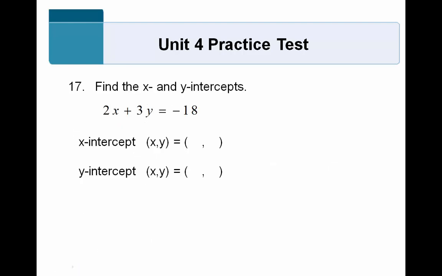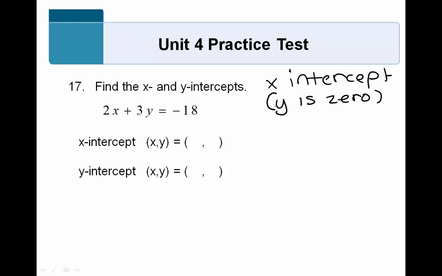Alright, find the x and y intercepts. Remember to find the x-intercept of a line, that's where it's crossing the x-axis. So where it's crossing the x-axis, y is 0. So you plug in 0 for y.